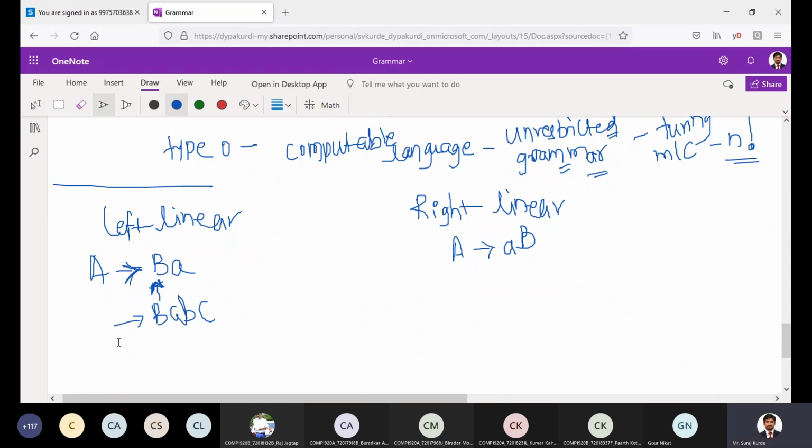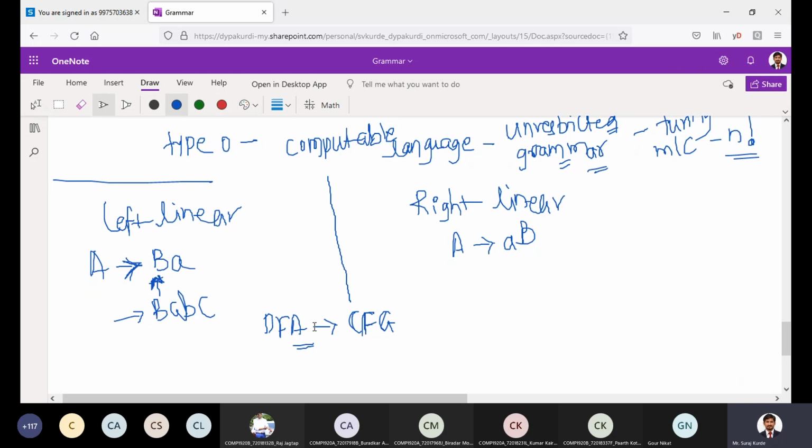Now, where are we going to use left linear and right linear? While converting DFA to CFG, that means regular language conversion to regular grammar, and that regular grammar represents the set of strings accepted by the DFA.